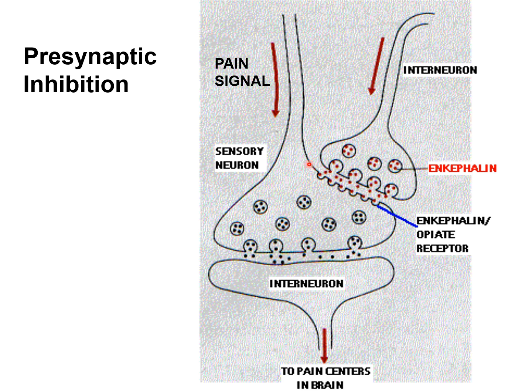So this would be an axoaxonic synapse. And so this is going to be presynaptic inhibition that we're going to be doing. And so this neuron is going to release a neurotransmitter. It's called enkephalin. And enkephalin is actually a natural opioid, a natural painkiller that your body produces.